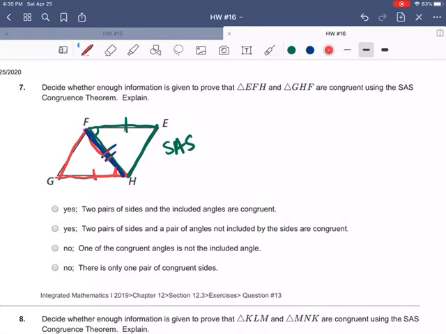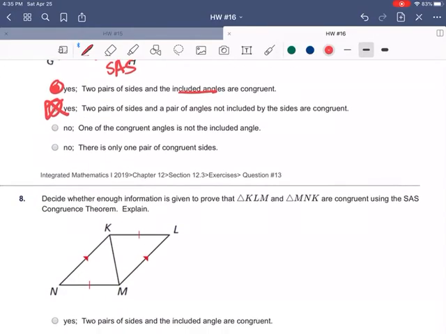And in the pink one, we have side, angle, side. So it's yes. Let's check out these two options. Two pairs of sides and the included angles are congruent, or two pairs of sides and a pair of angles not included are congruent. It has to be the included angle that's congruent. So it's that one.